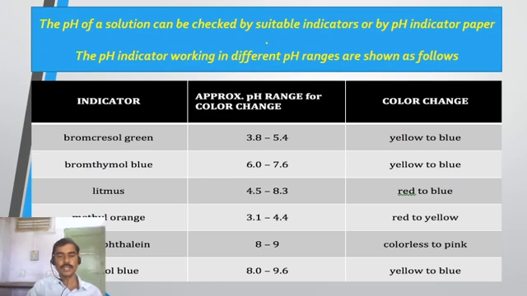See in the given table, the pH indicator is given in the first column. The approximate pH range for color change is given in column 2, and column 3 consists of the color change.